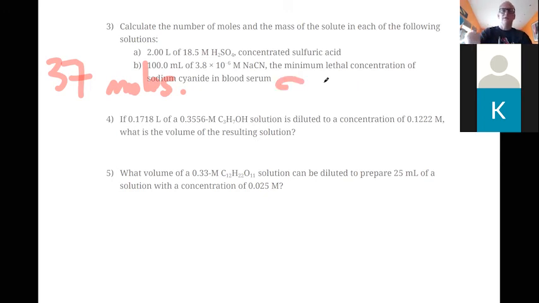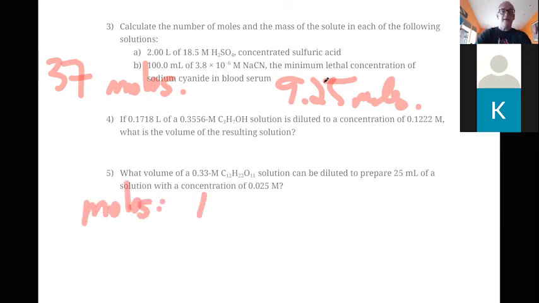Okay, 9.25. So how did you get 9.25? Now again, here's where units help, because you're asked for moles and you're given 2 numbers. One, a liter, and the other, moles per liter. So what should you do with those 2 numbers to give you moles?